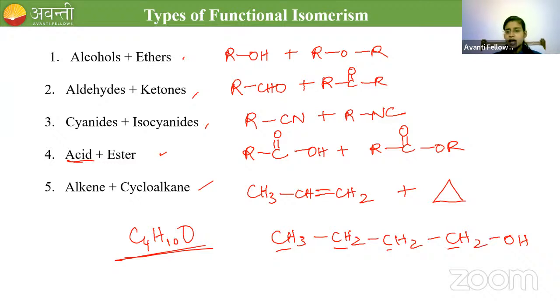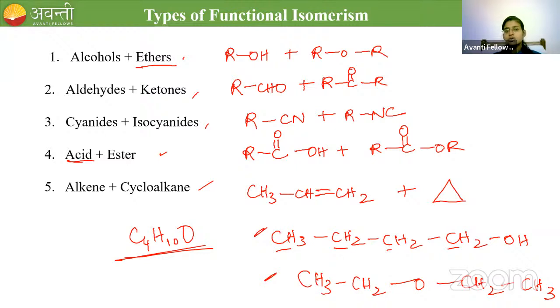If you are getting alcohol as one of the compounds, then immediately you have to try to draw the structure of ether. Ether means CH3, CH2, O, CH2, CH3. So this is ether, right? You just check the number of carbons and hydrogens. We have 4 carbon and 10 hydrogen, right? So alcohol always pairs with ether.